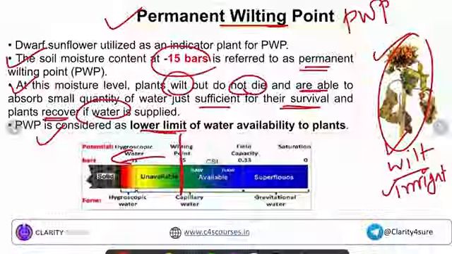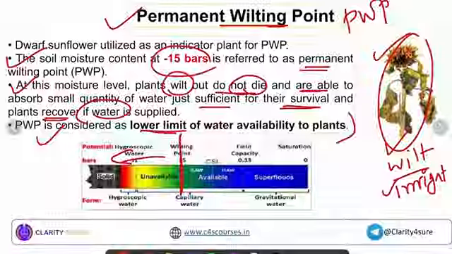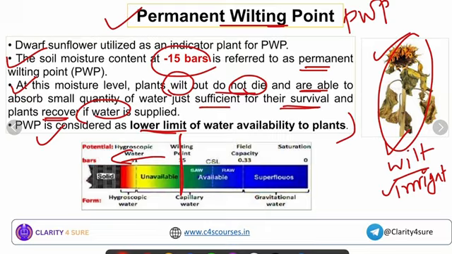It is considered the lower limit of water availability to the plants. So it started showing signs of wilting, but it does not die. Even if you apply water at this point of time, there are chances that your crop will survive.